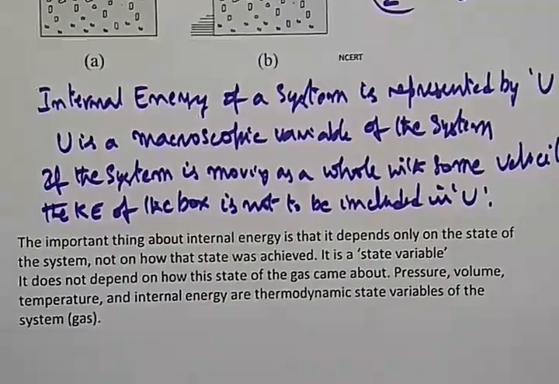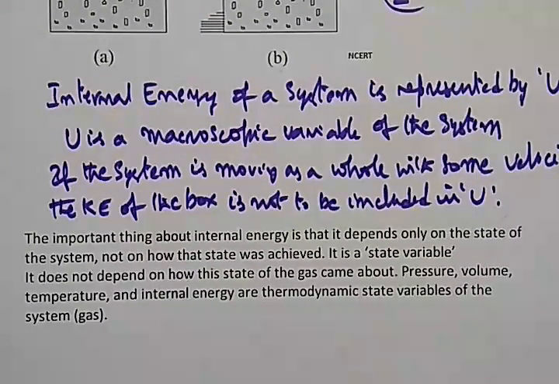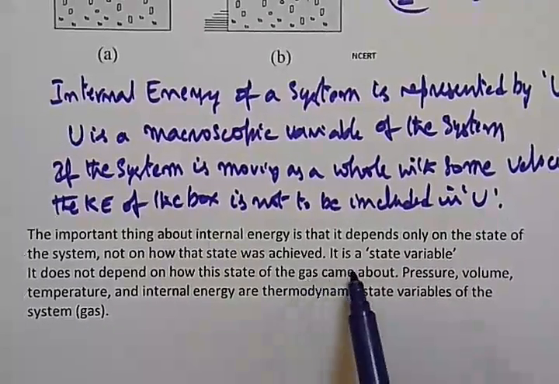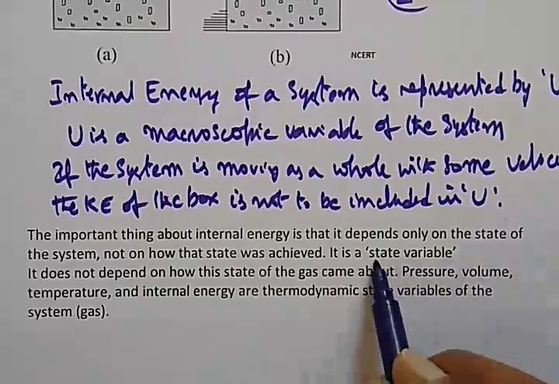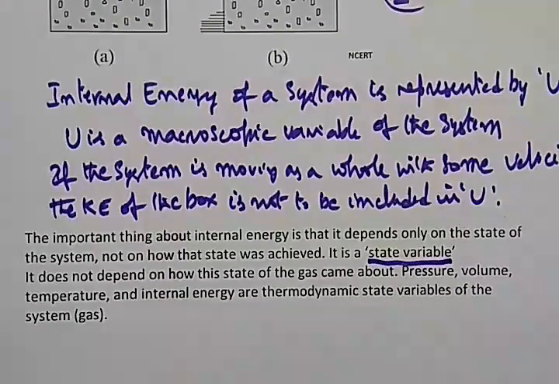Then it is a variable, it is a state variable. So that is what we are defining here. Okay, it is a state variable. That means, equilibrium we discussed. At equilibrium, if you measure it, equilibrium means it is stable.